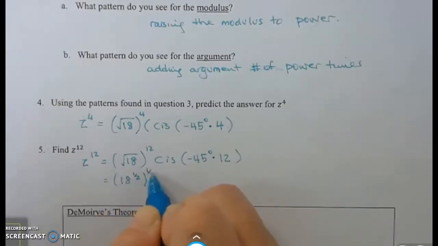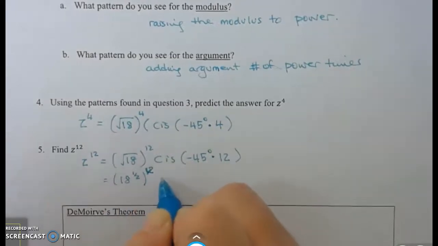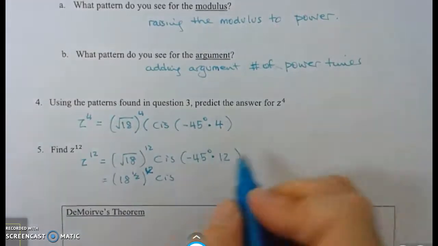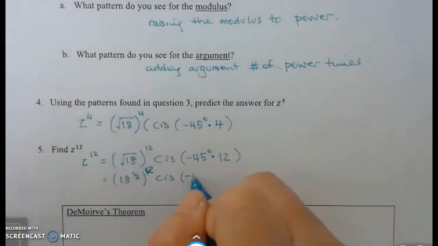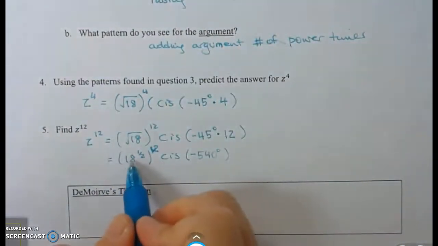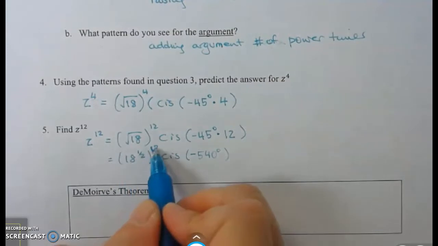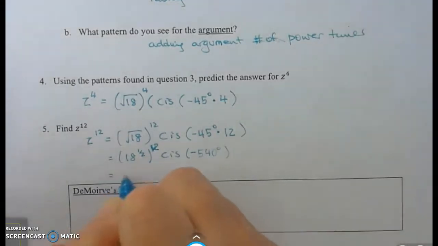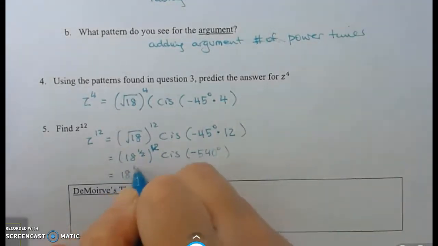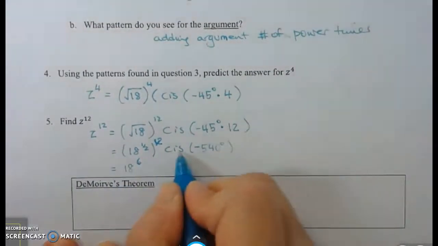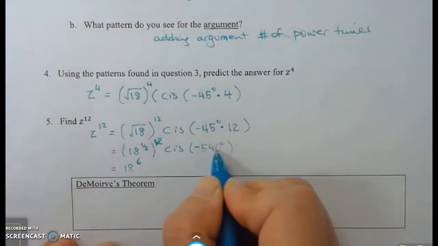Multiply that part to the power of 12, and cis negative 45 times 12 is negative 540 degrees. Okay, and this number here, 18 to the power of half to the power of 12, they combine to become 18 to the power of 6. I'm sorry, I meant to say 6, not 16. And cis of negative 540 degrees.